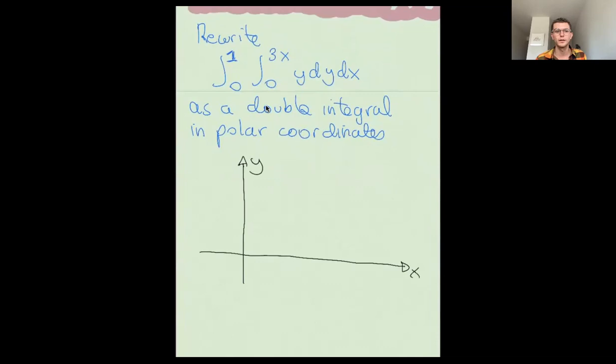Let's try to find the region first. If you think about it, this is not too bad. This is using vertical arrows, and the equation y equals 3x is just the equation of a line. So here you would have y equals 3x. And then here you have 0 and 1 for x.